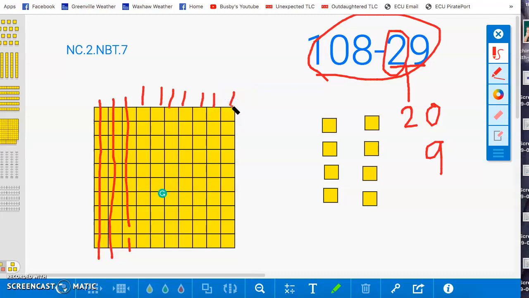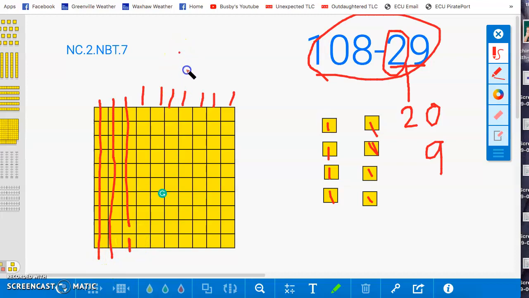So we're counting on by tens, and we're also skip counting. And then we're going to come over here because we cannot forget about these little cubes. 1, 2, 3, 4, 5, 6, 7, 8, and then this one down here.